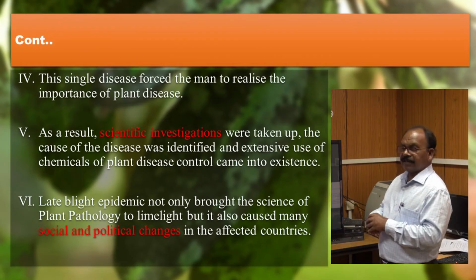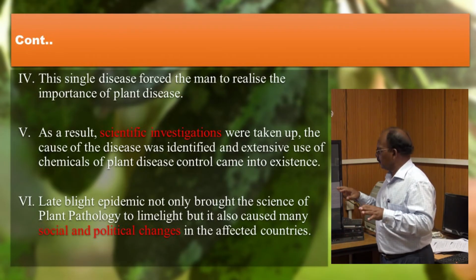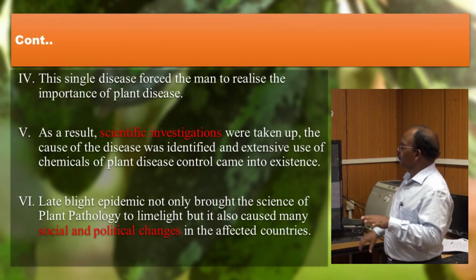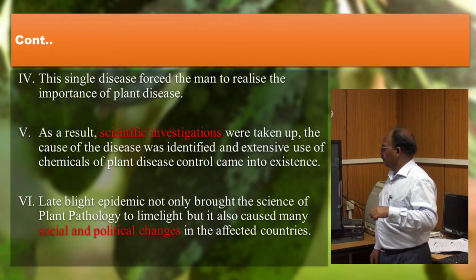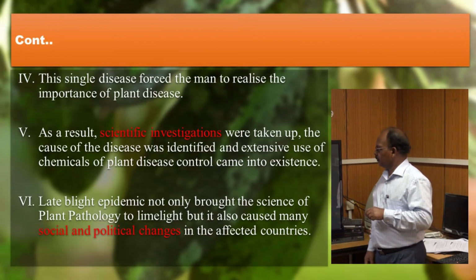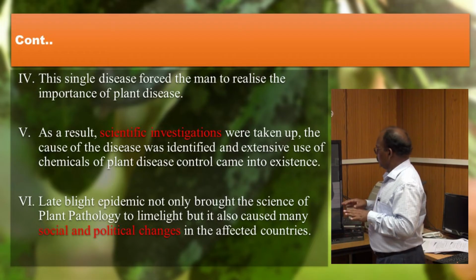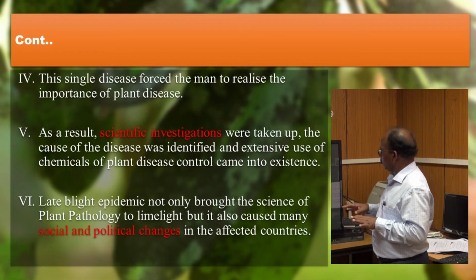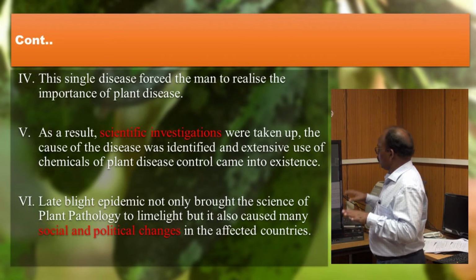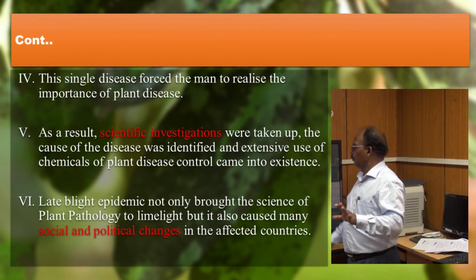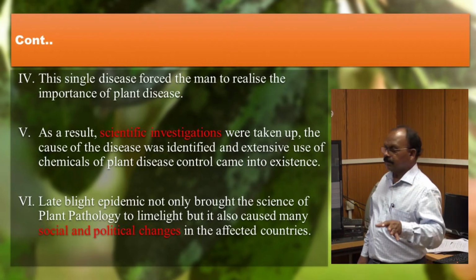As a result, scientific investigations were carried out to identify the pathogen, and the extensive use of chemicals against plant diseases came into existence. Late blight disease not only brought the science of plant pathology into limelight, but this disease also caused many social and political changes in the affected countries.